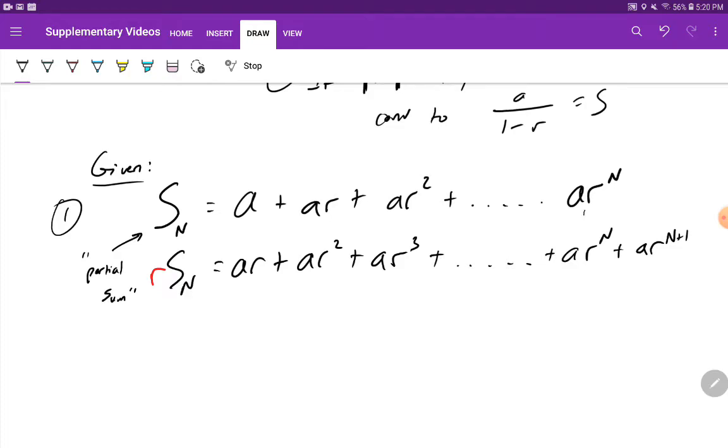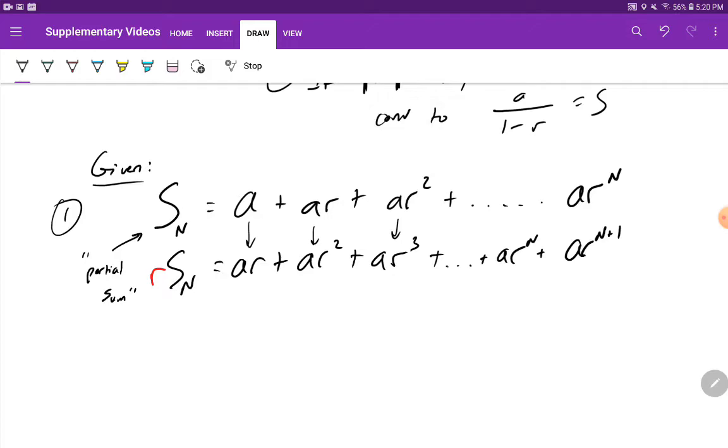This becomes that, the one before it becomes that, the 2 became the 3, and so on. I'll line it up to make it look prettier. So ar to the capital N plus 1, and then the one before that is ar to the capital N. The dot dot dot just means everything in between, because we don't want to write everything in between.